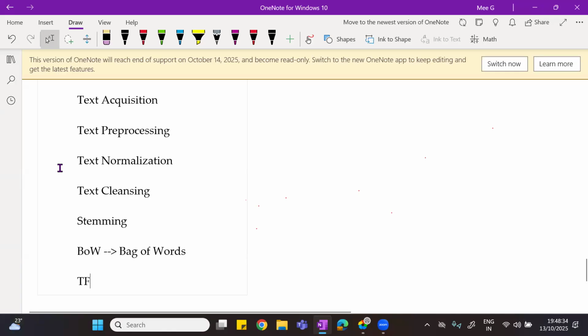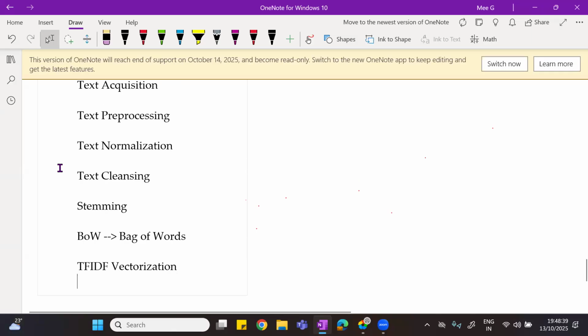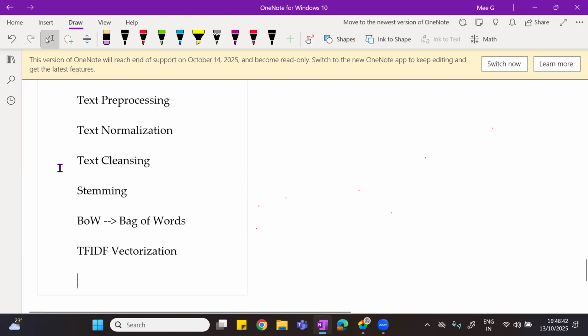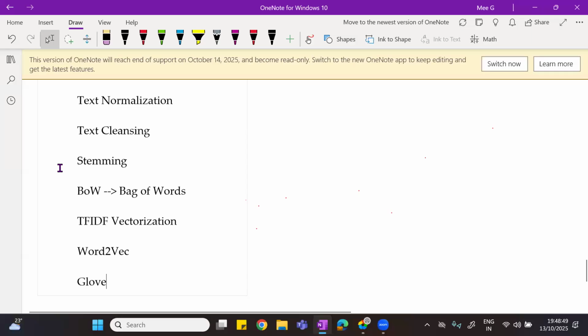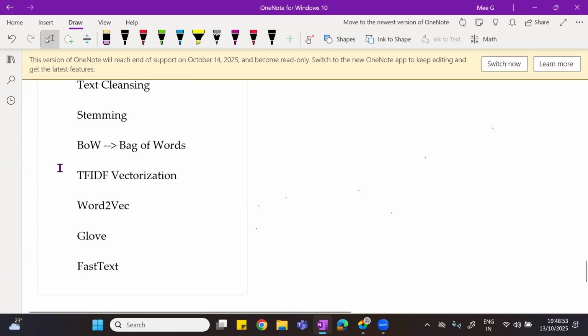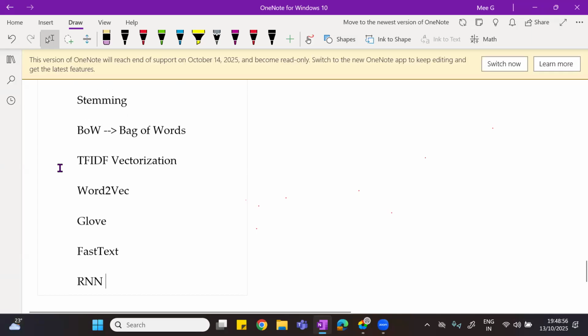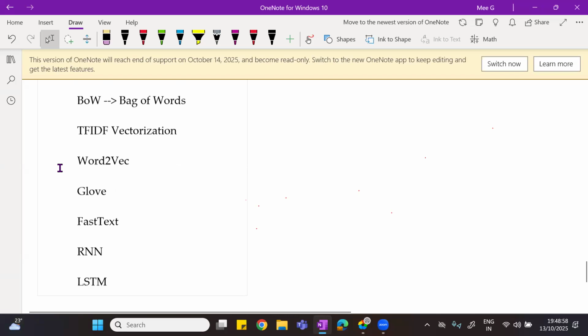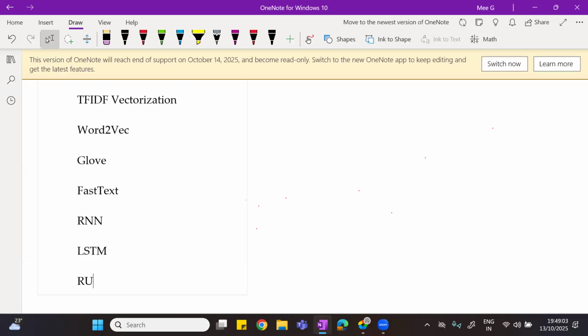And TF-IDF vectorizer or vectorization, you can call it. Again, there will be Word2Vec, GloVe, FastText, RNN, LSTM, and GRU. Now, GRU, I will give an overview, but till here, it is pretty much perfect.